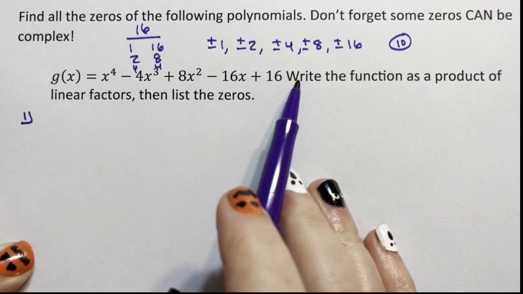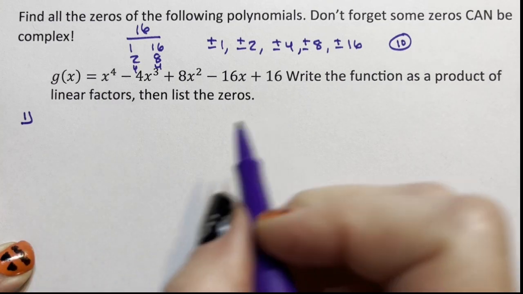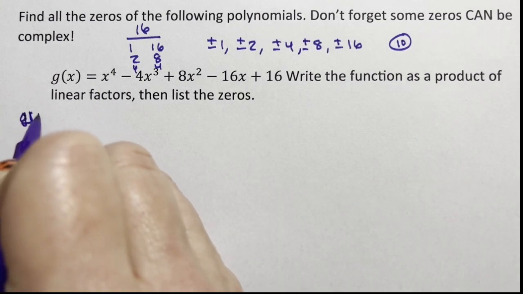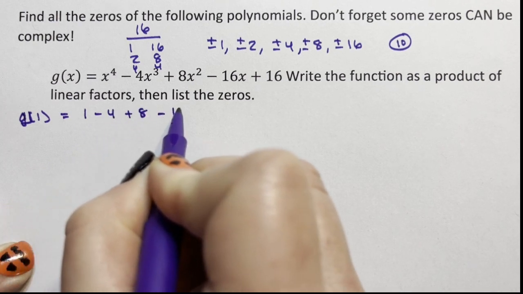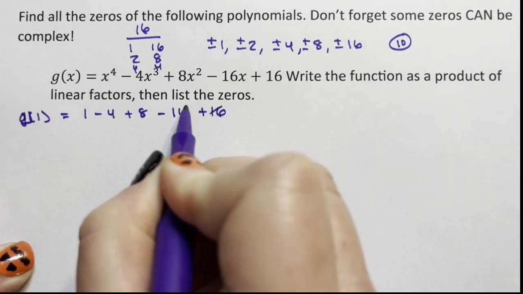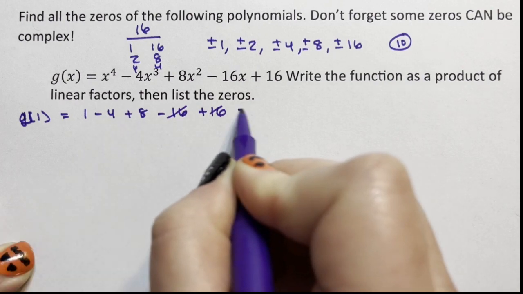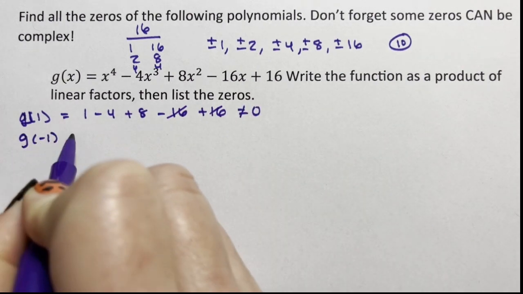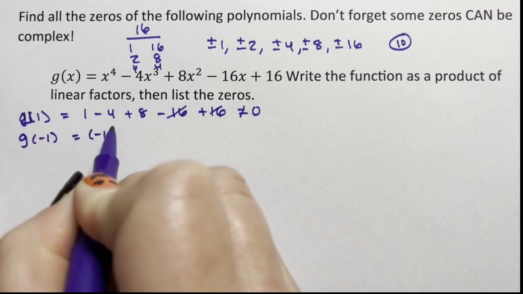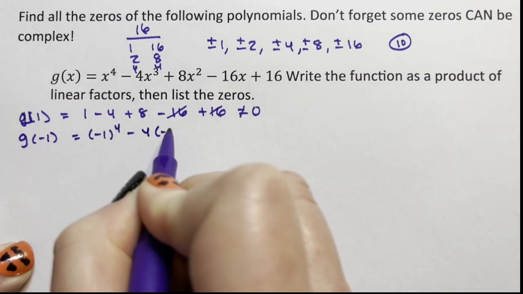If it's a zero, we should get 0. So we could look at g of 1. And it would be 1 minus 4 plus 8 minus 16 plus 16. Let's see, that is not 0. This does not equal 0. All right, 1 is out. What about g of negative 1? That's negative 1. I'm only doing what I can do mentally.